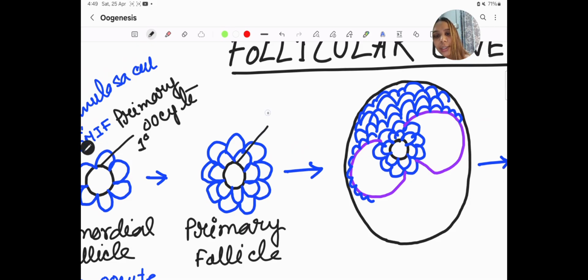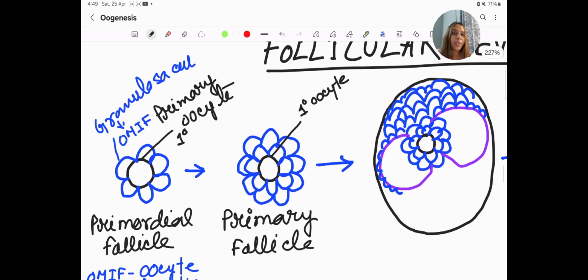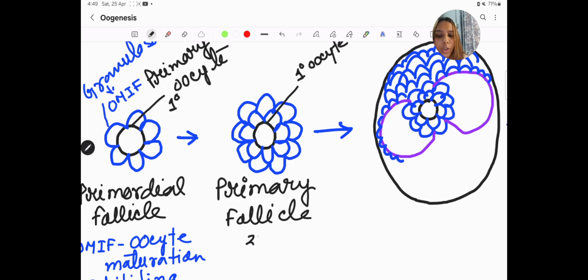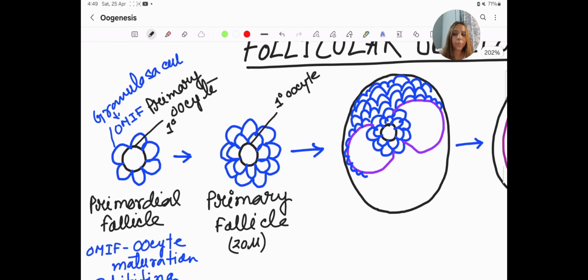So this oocyte is the same first degree oocyte, the primary oocyte. But you can notice the difference in the granulosa cells: in the primordial follicle there is only a single layer, but this layer becomes multiple in the primary follicle. Its size becomes 20 micron, which is very small, but still slightly increased from the primordial follicle.